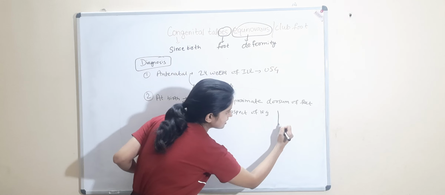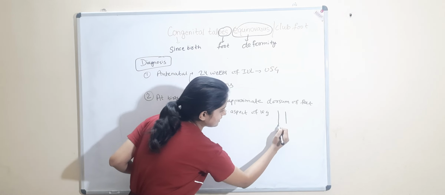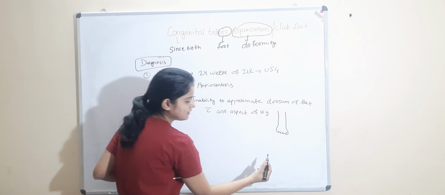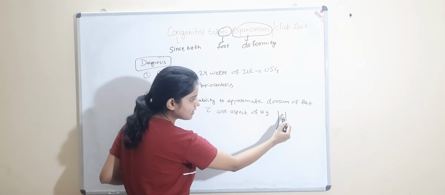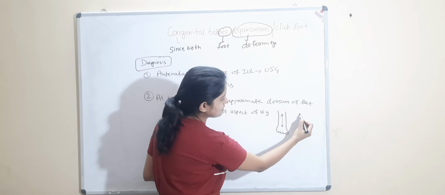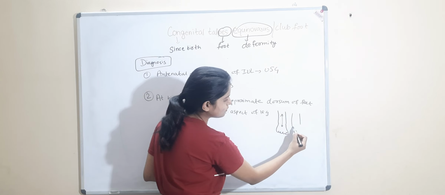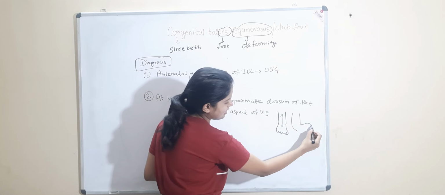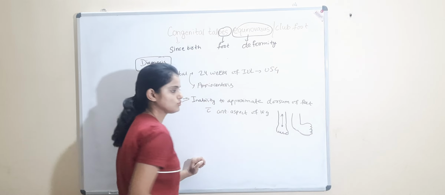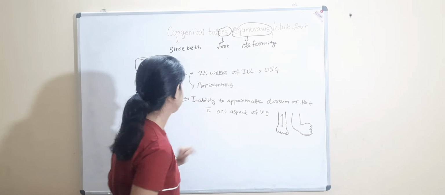Suppose this is anterior aspect of the leg and this is dorsum of foot. Then this will be approximated normally, but in clubfoot, foot will be like this. So it will not approximate.